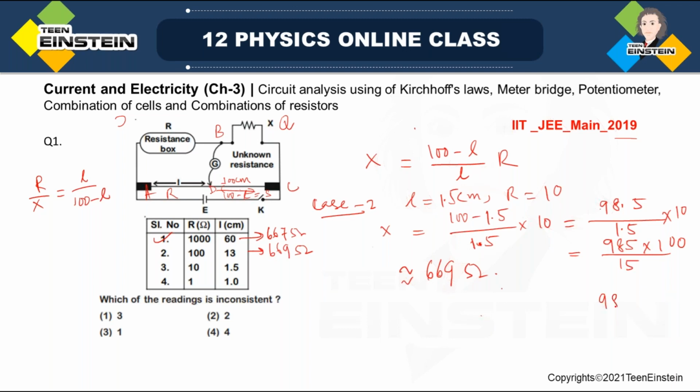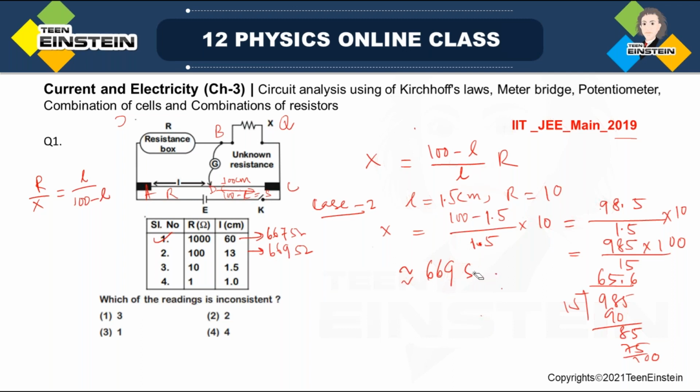So if you just divide by 15, 6 goes 90, then... oh sorry, this point shouldn't be there. 5, 10, now this will come here. So it is again 6.